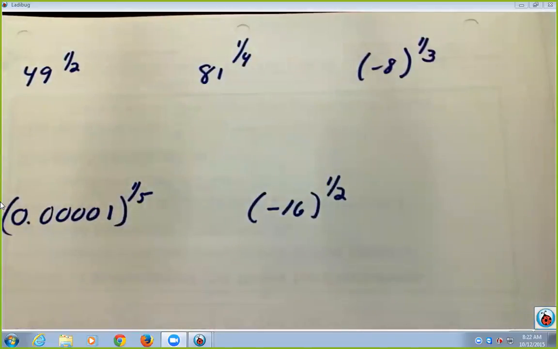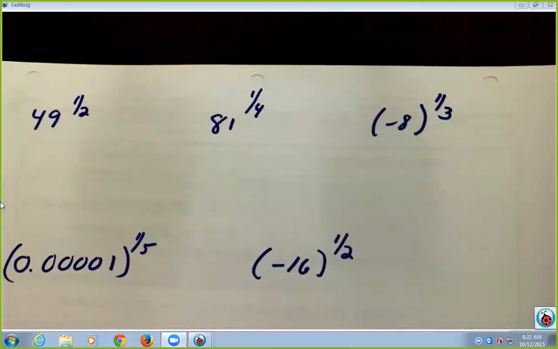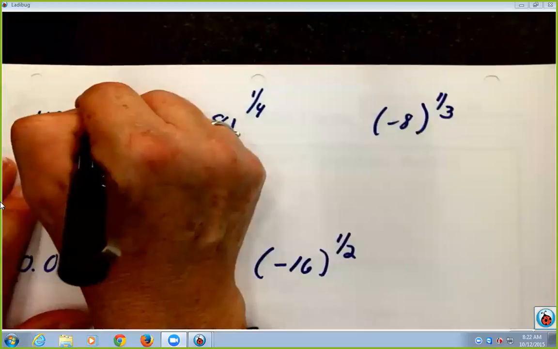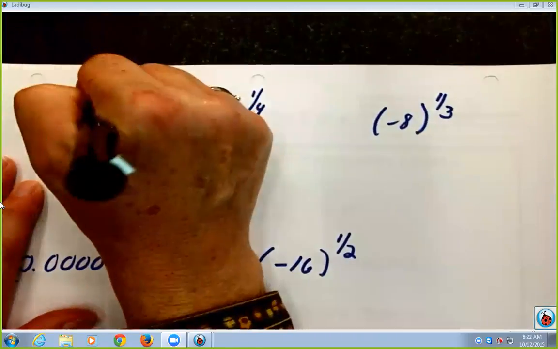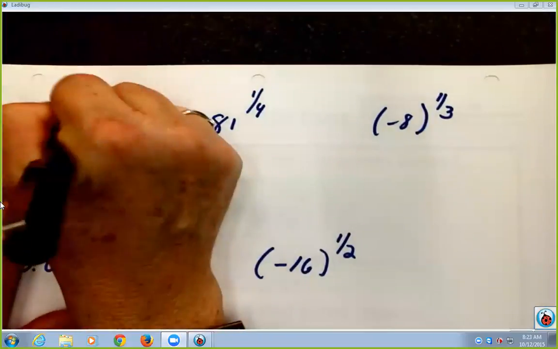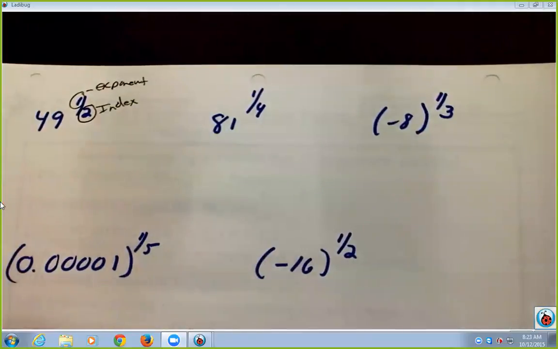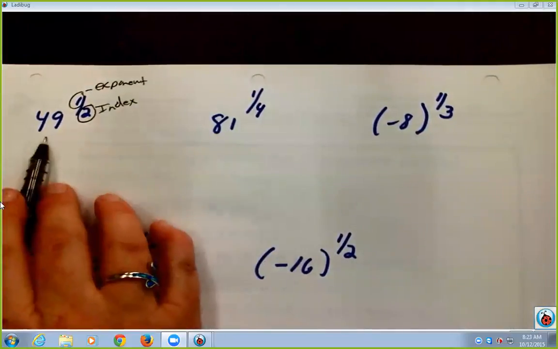So if we take a look at some of these and we reverse them and take a look at what in the world it is asking me to do. Well, if you remember, the 2 that's in the bottom is the index. The 1 up in here is going to be an exponent once we get to that stage. So what is this really?